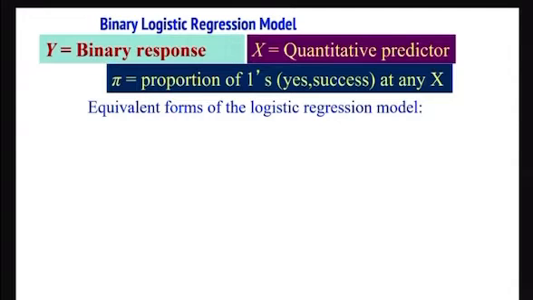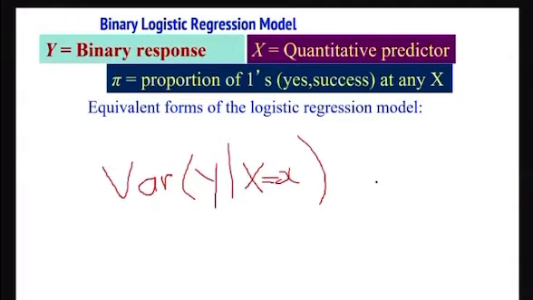Another reason why we don't use linear regression for a categorical response is the violation of constant variance. In linear regression, the assumption, if you remember what we've done before, is that the variance of y given x should be sigma squared, which is a constant variance.